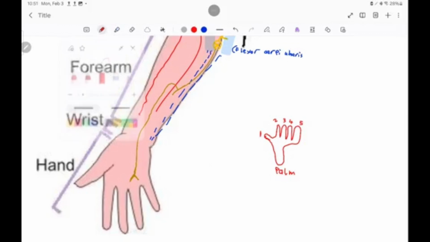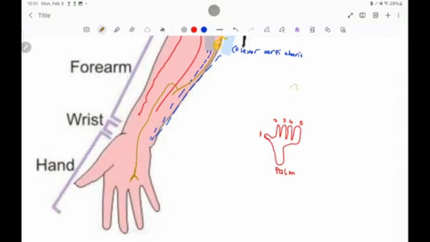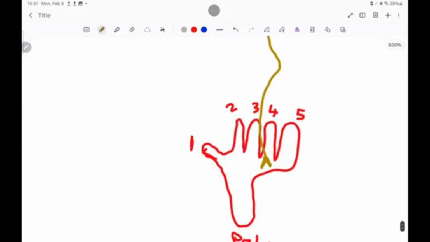Okay. I'll draw this branch of the ulnar nerve coming from up, supplying which area of the palm of the hand? Okay. It actually supplies the palm but not the fingers.